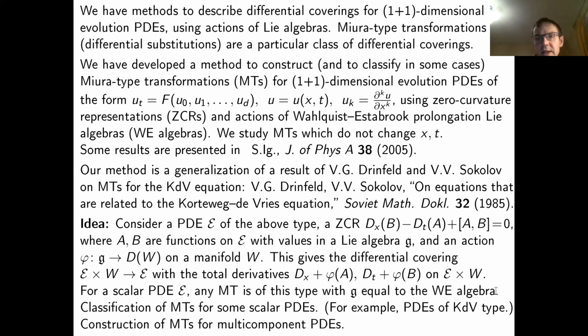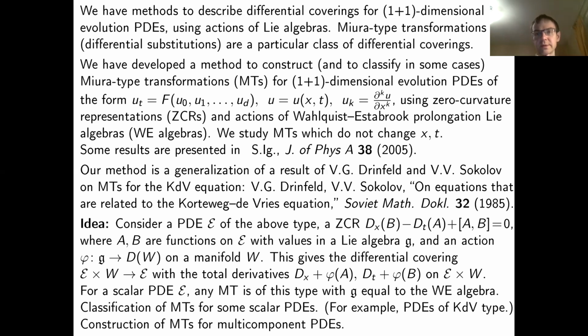So this allows us to get a classification. In principle, this allows us to describe all Miura type transformations over a scalar equation of this form by means of some Lie subalgebras of the Wahlquist-Estabrook prolongation Lie algebra.